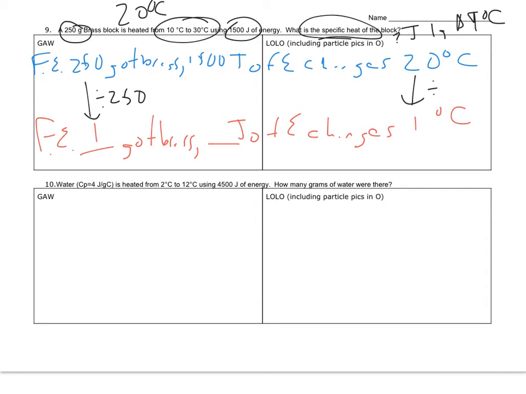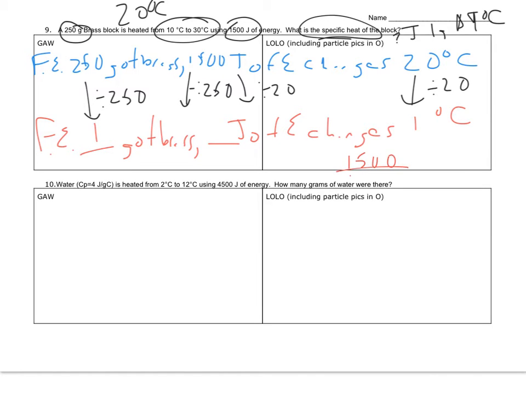And energy is a direct relationship with both of these. So we're dividing by 250 and dividing by 20. So in essence, we're dividing by 5,000. And we can do that pretty easily with just our mental math.